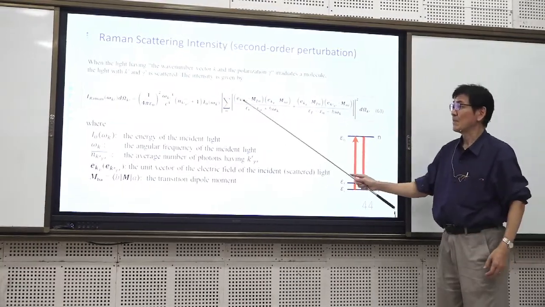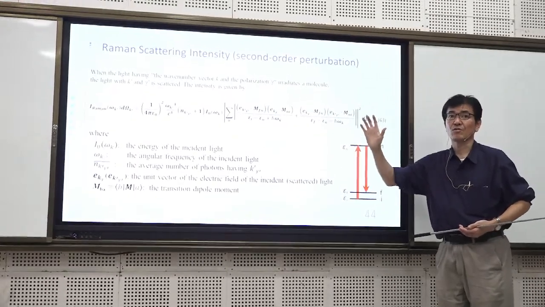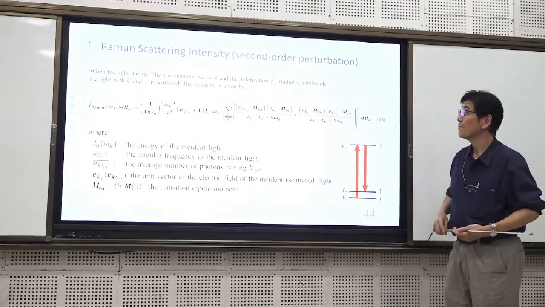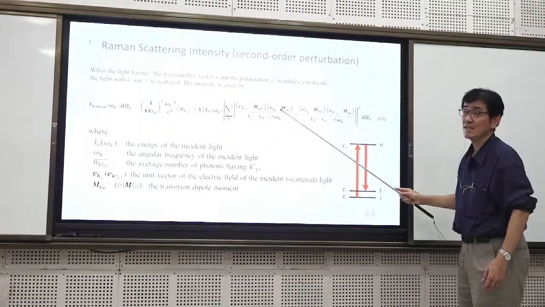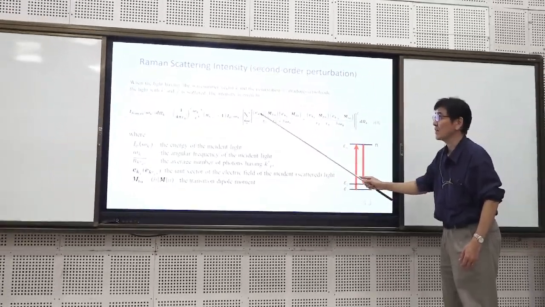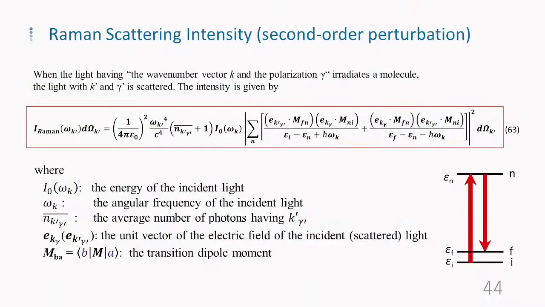Please note that k'γ' is different from kγ. k'γ' indicates the wave number vector and polarization of the scattered light. kγ is that of the incident beam.